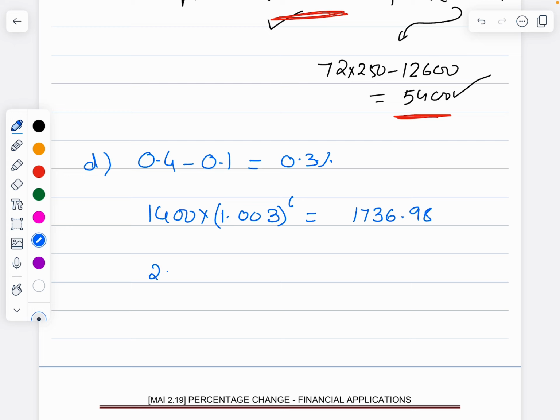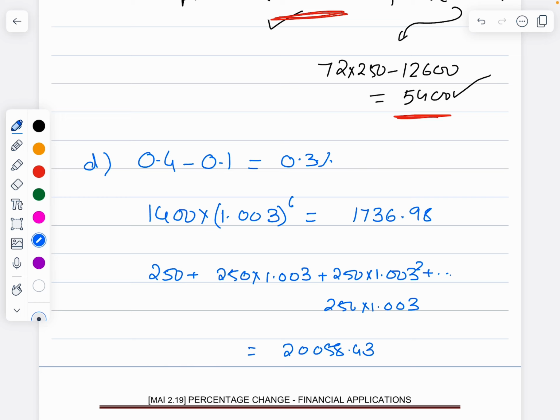Then the remaining payments: 250 plus 250 times 1.003, 250 times 1.003 whole square and so on, 250 times 1.003 only one time.